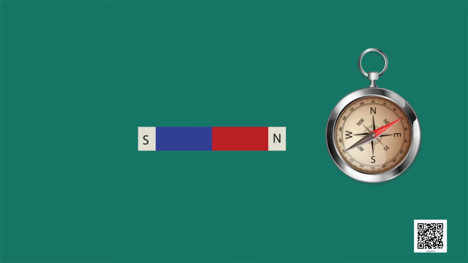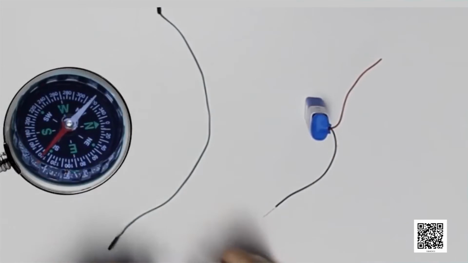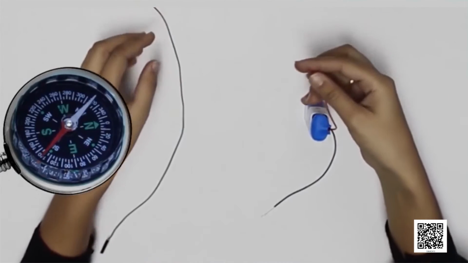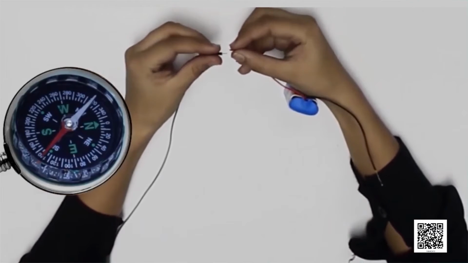Let us now see how an electric current through a metallic conductor produces a magnetic field around it, and in which direction? For this activity, take a long straight copper wire and connect it with a cell in series pattern.